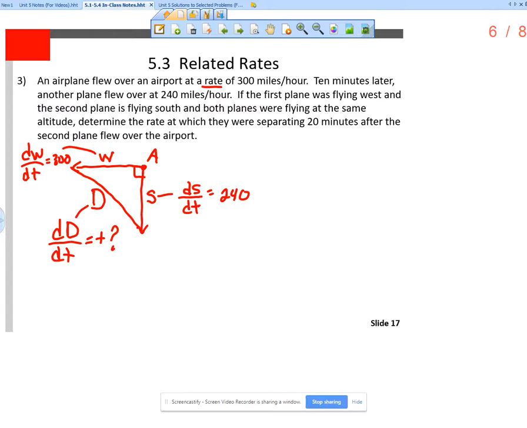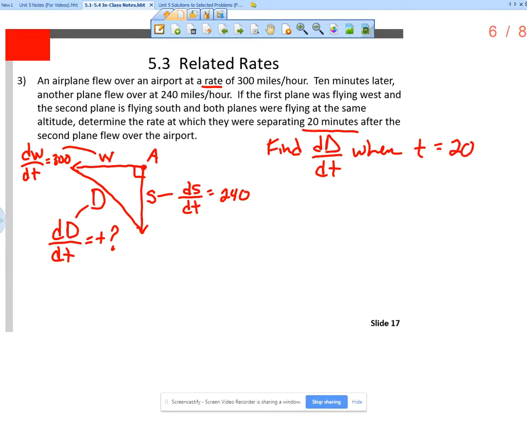Next thing, the find statement: find blank when blank. What does it say? Determine the rate at which they were separating. That's what we've called dD/dt. So find dD/dt when what is true? It says 20 minutes after the second plane flew over the airport. This is kind of interesting. A lot of people would just say, oh, t is 20.